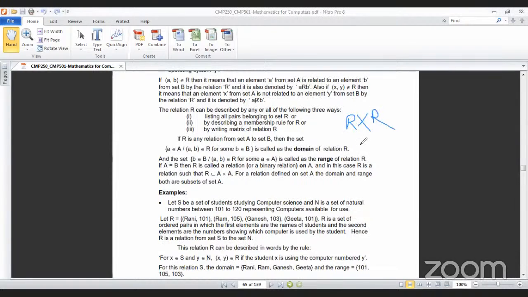Here your R was starting from 1, 2, 3 up to infinity, and this R was also from 1 to 10. So originally it was nothing but R square. So your representation will be (A, B), where A belongs to R and B belongs to R. This will be your set.